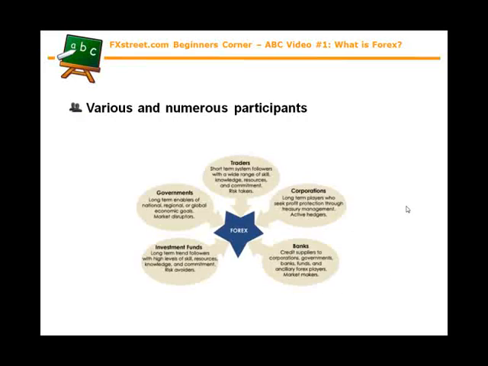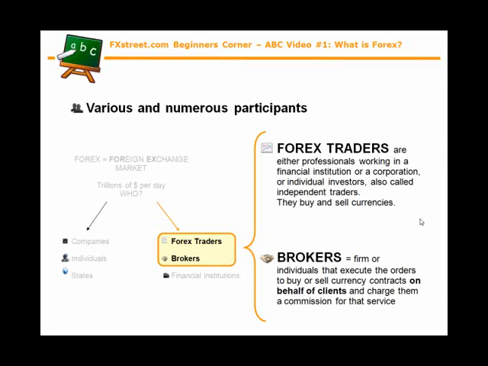When talking about numerous participants, despite having several ones in this market, it's Forex traders that occupy us here, right? Forex traders are either professionals working in a financial institution or a corporation, or individual investors that even trade from home. They buy and sell financial instruments traded in the currency markets, right?